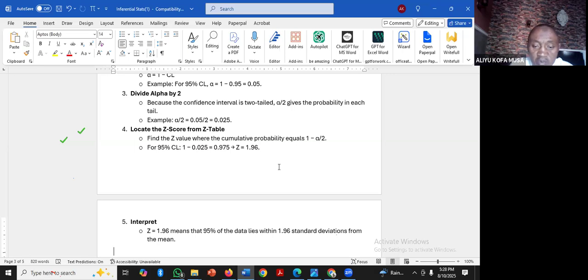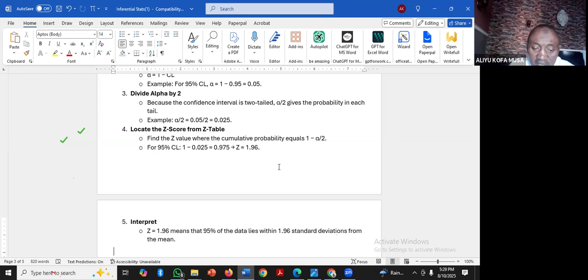When you go to the table, you locate the z-value. For our case today, the z-value in the table is equivalent to 1.96. What is the interpretation?